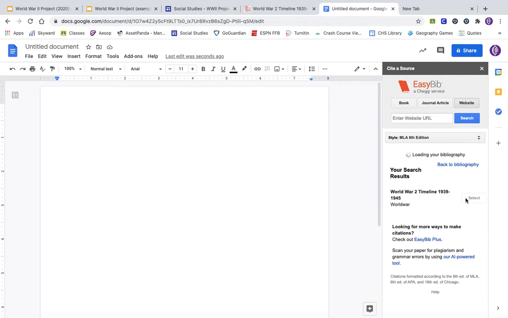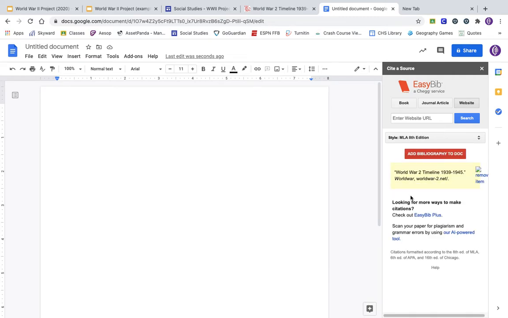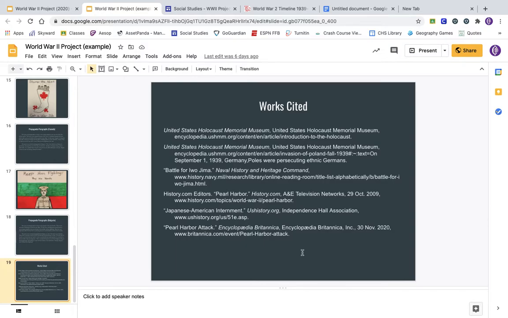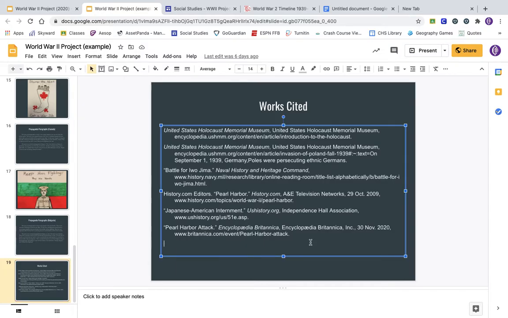So for whatever websites I used, I'll click Add Bibliography to Doc. And then there it is. And then all I did was, I didn't copy the Works Cited heading, but I just copied and pasted the entries onto my project. Just like that, okay?